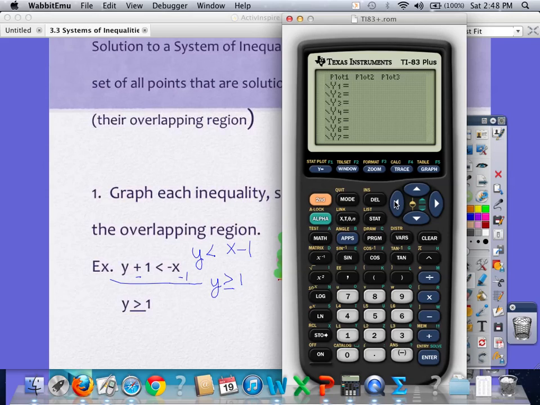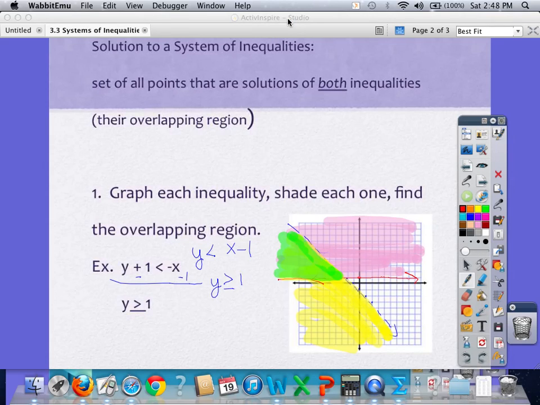This one doesn't have the app, so I guess we won't be able to do it this way. I've shown you in class. I don't have the app for this one. But anyway, the overlapping region is right here.